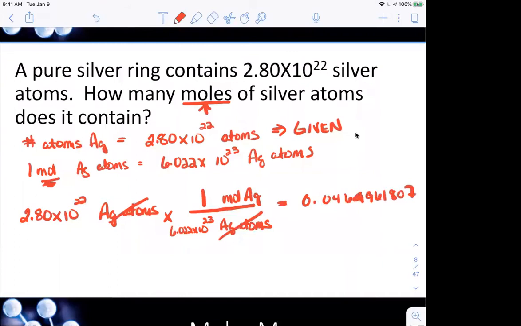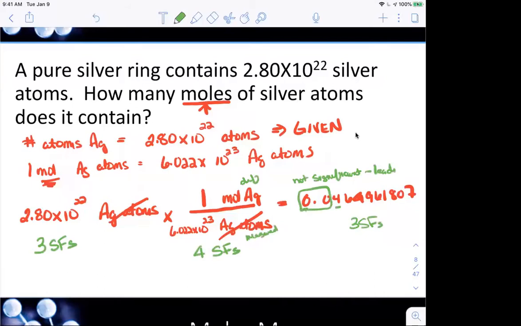Now I want to do an analysis of my sig figs. So to do that, I'm going to say, well, this value has 3 sig figs, and this value has 4 sig figs, because this is the definition and this is the measured. So I'm going to report to 3 sig figs. Now these zeros are not significant because they're leading zeros.